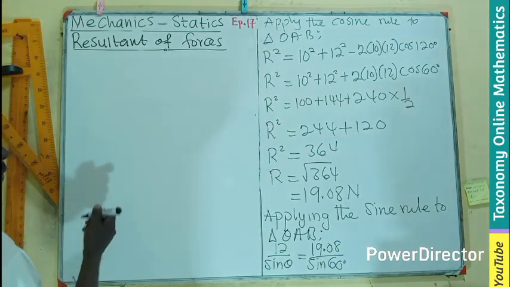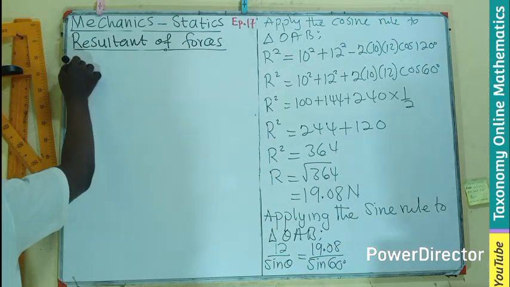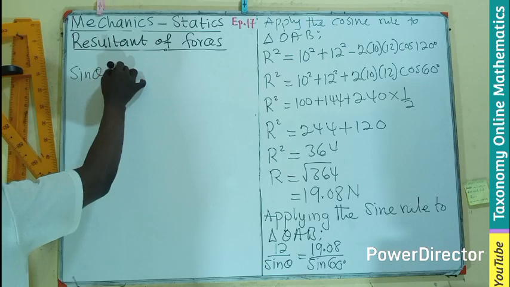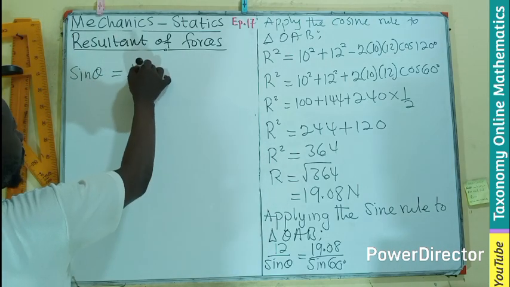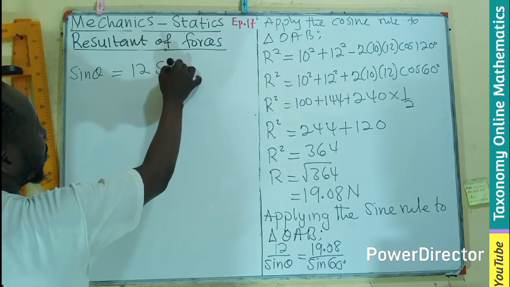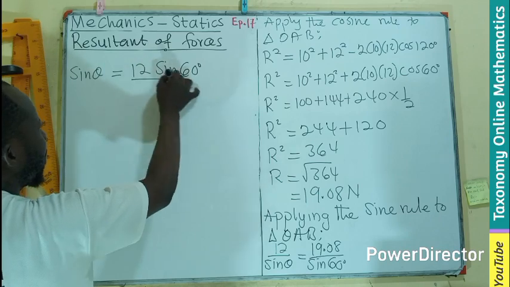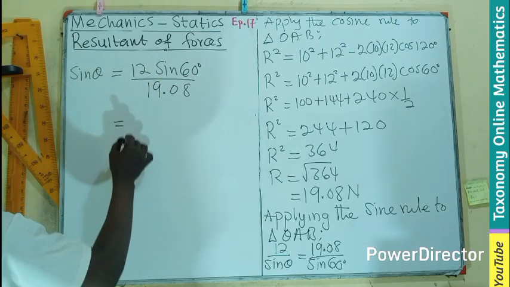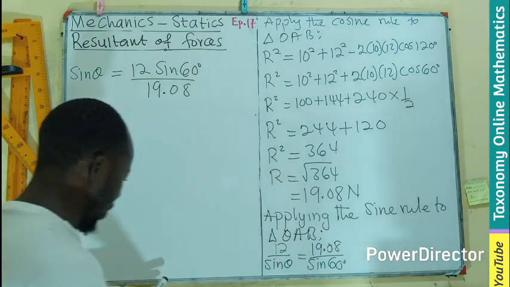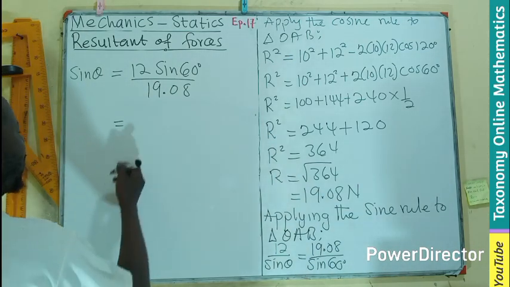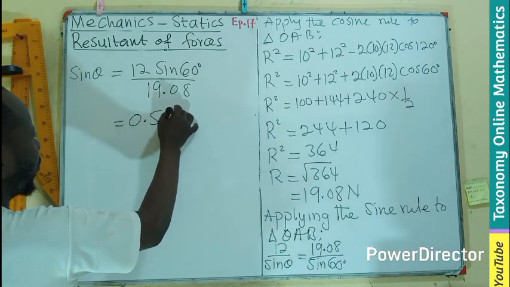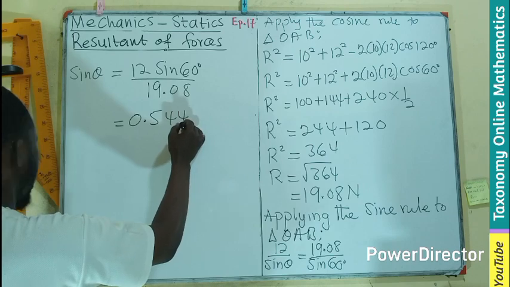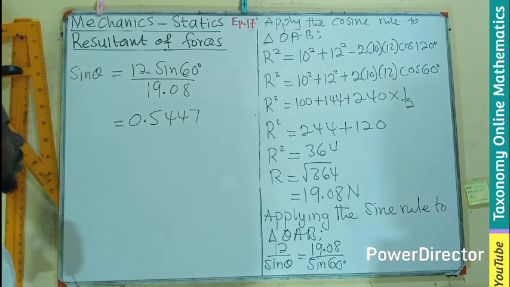So from here, we should have sine of theta equals 12 times sine 60 degrees divided by 19.08. And if you put that in your calculator, you should be having 0.5447 to 4 decimal places.